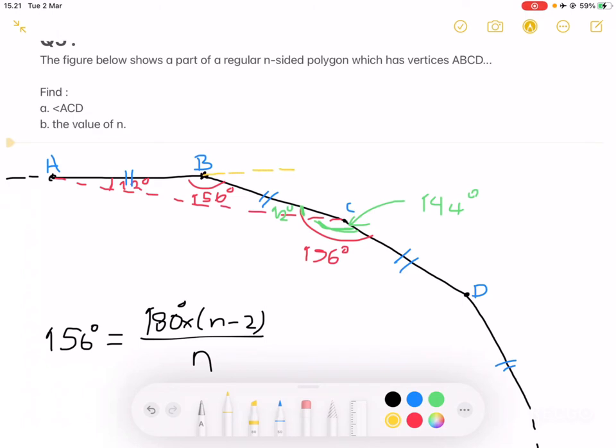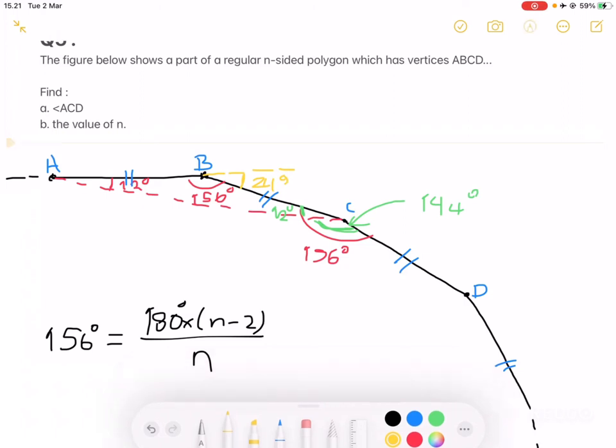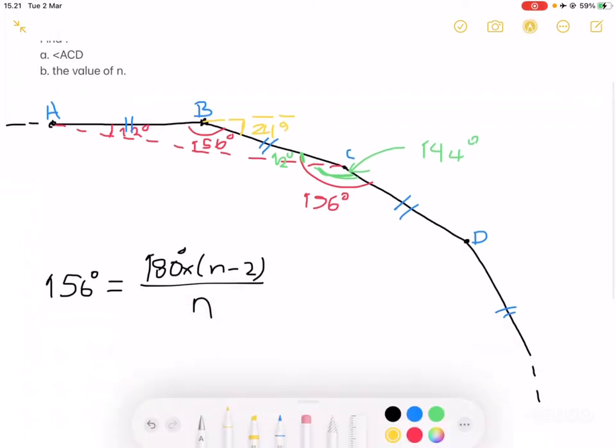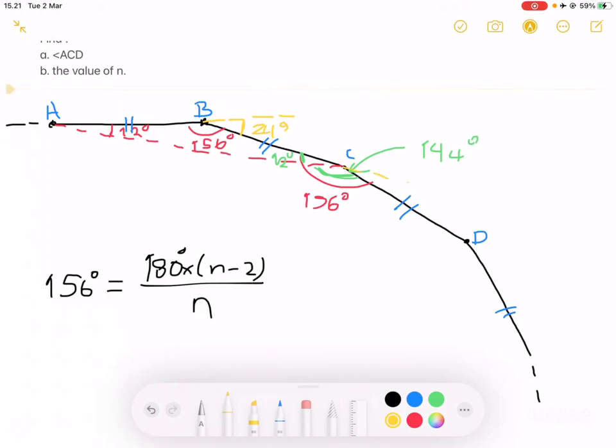So the exterior angle of this is just 180 degrees minus 156 degrees, which is 24 degrees. And since we know this is a regular polygon, all exterior angles must be equal to 24 degrees. They are all equal.